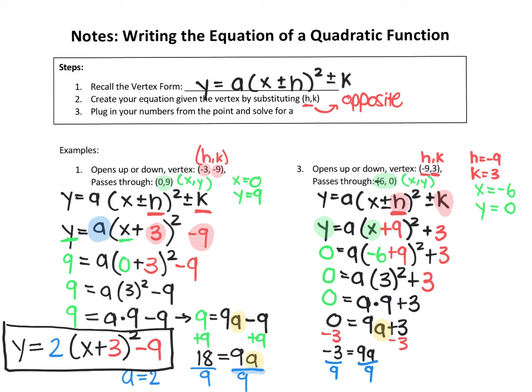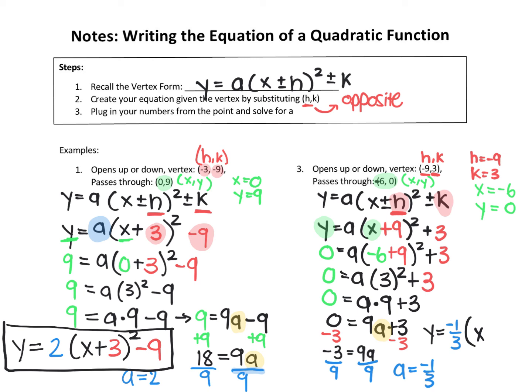So what does a simplify to? Well, -3 divided by 9 is -1/3. So there's my a value. And now that I have my a value, I have my equation. So now let's write the equation. Y equals my a value, which is -1/3. I'm going to keep that x because remember, I just want the equation.